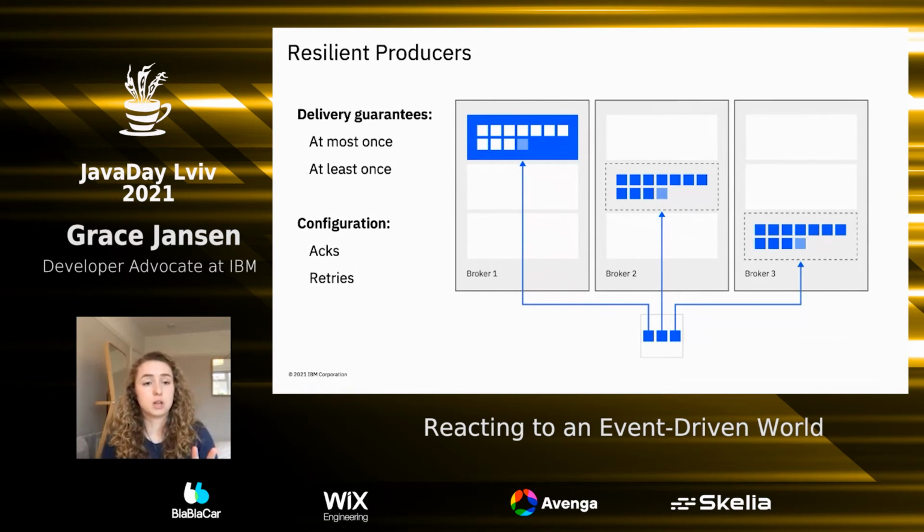There's two configuration values you need to be thinking about when it comes to your producer microservices. One of those is ACKS. That's short for acknowledgement. So this is essentially acknowledging that the record or message has been received. And you can either configure that to 0. So 0 is when you really don't care about getting the message acknowledged. It's very good for fast throughput, but not good for resiliency, because you don't know if it's been received or not.